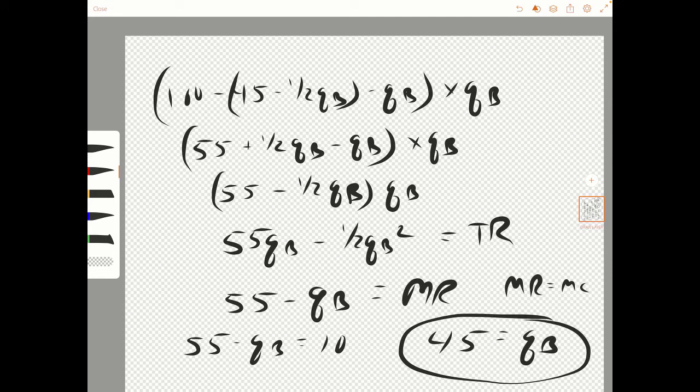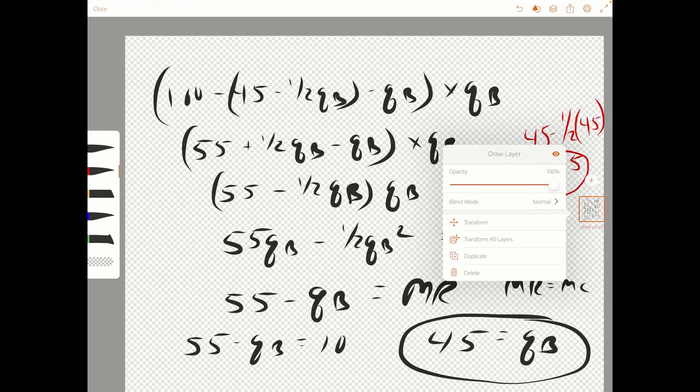Now for the follower, which is of course Airbus, we're going to take that 45, drop it into their reaction function. So QA equals 45 minus 1/2 times 45, and that's going to give us 22.5. So clearly, we've got something different going on.